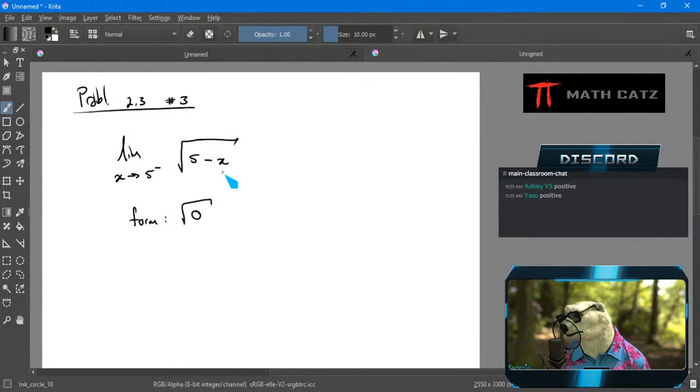Positive. Because I'm subtracting something slightly smaller than 5 from 5, I'm always positive. Okay, so now there are multiple things happening here. So I'm going to write it like this.